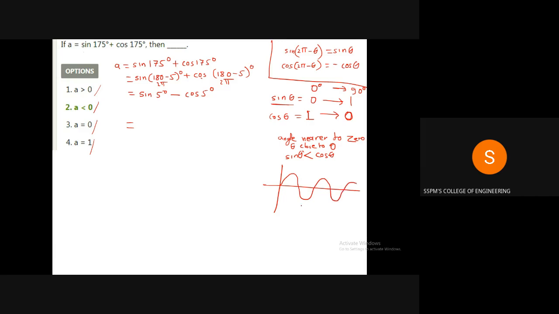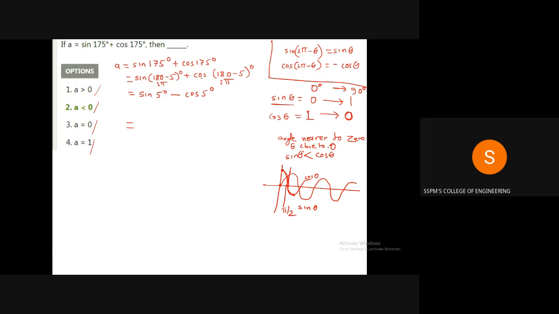This is the graph of sine theta. It starts at 0, and this is the graph of cos theta. The value of cos starts at 1 and then comes to 0, then goes to minus 1. So this is your pi by 2.